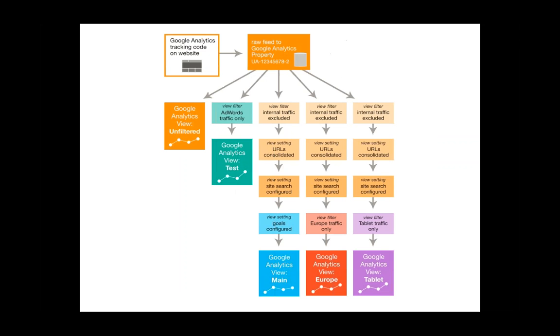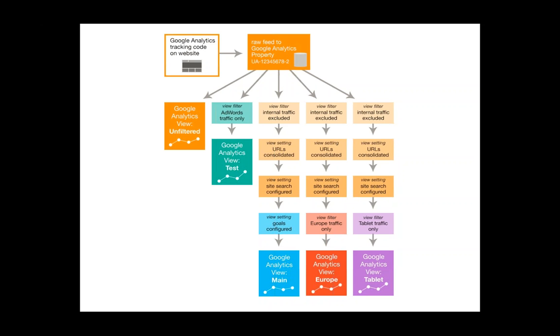Here's another representation of the view functionality. We have the Google Analytics website tracking code, or, for a mobile app, not the tracking code, it would be either Google Tag Manager or one of the SDKs feeding into the Google Analytics property way up on top.